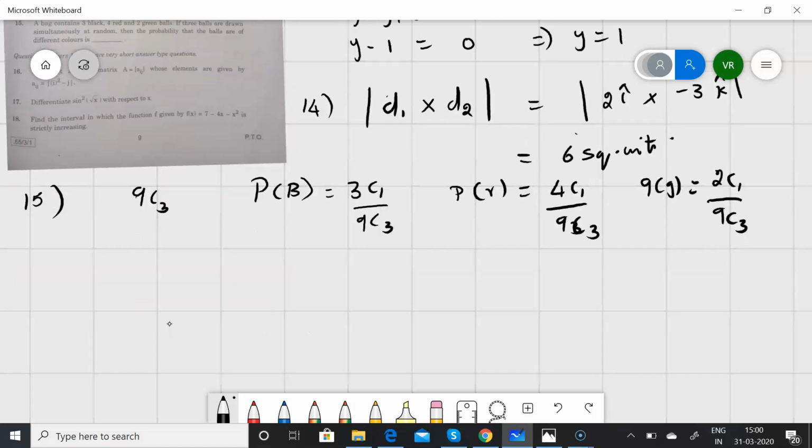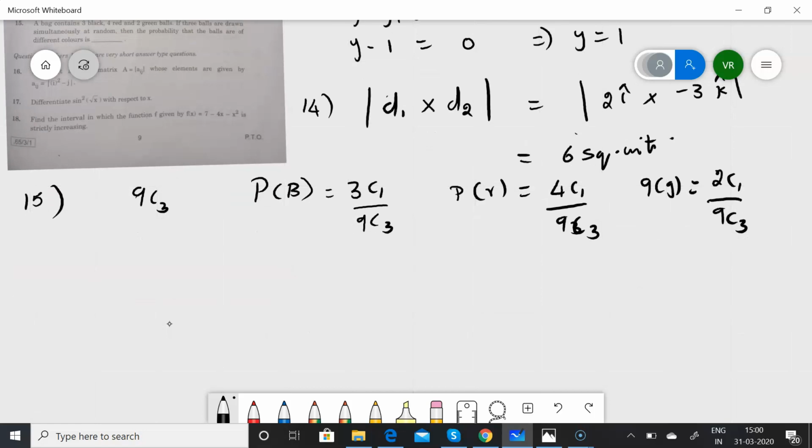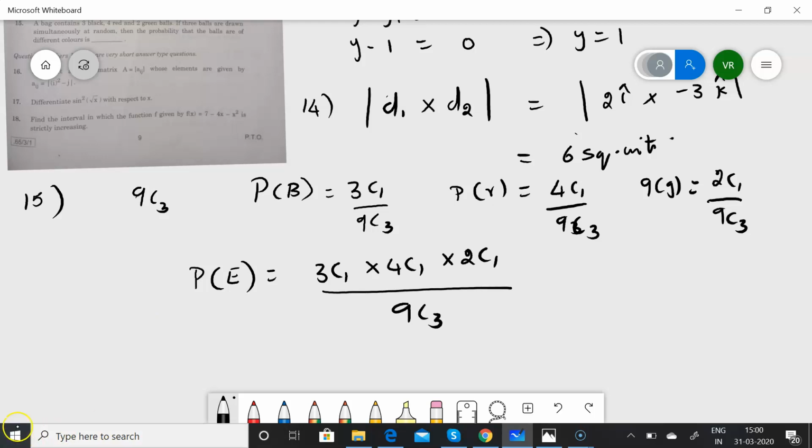Hence the required probability, let us put it as E, is 3C1 into 4C1 into 2C1 by 9C3, which is equal to 24 over 84, which is equal to 6 by 21.